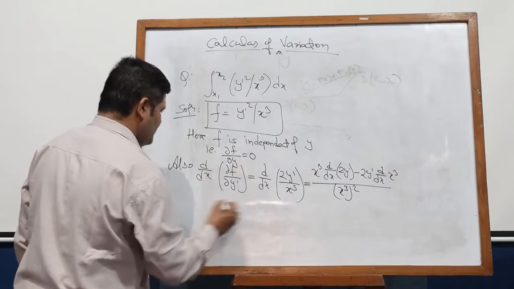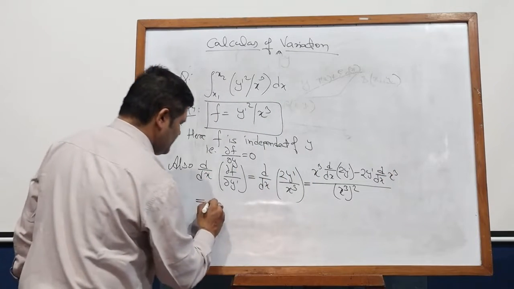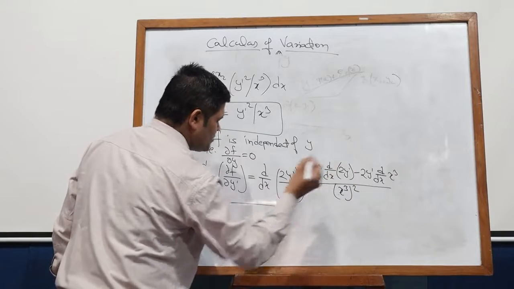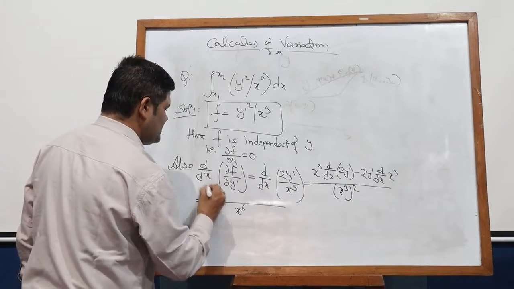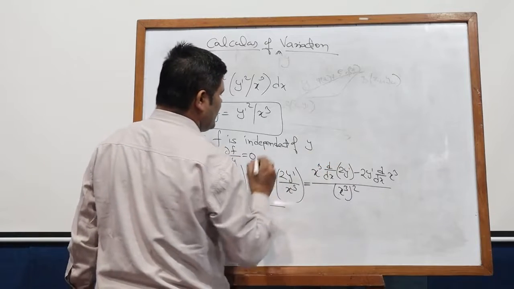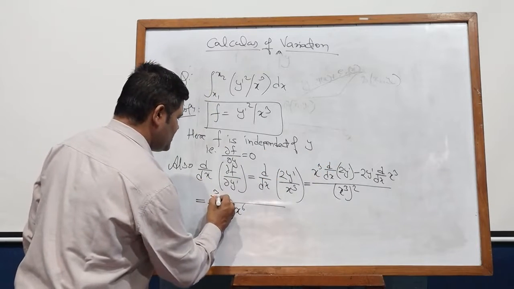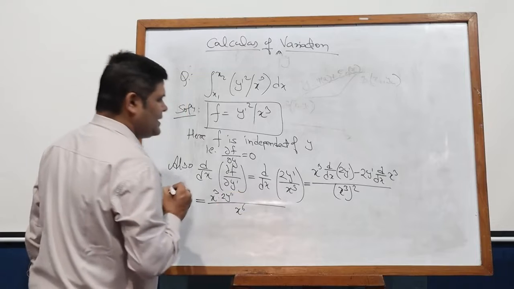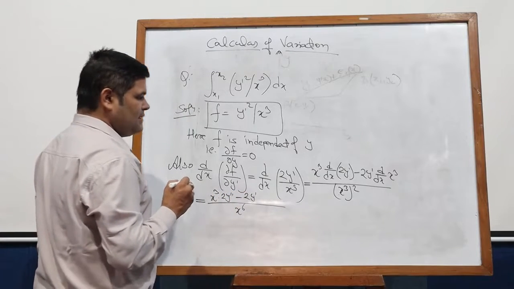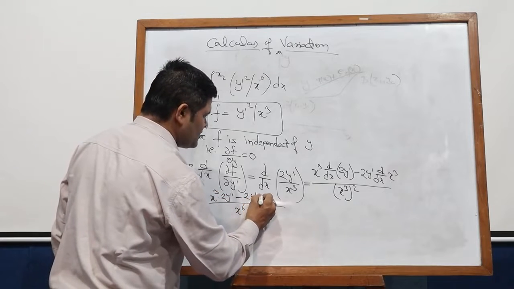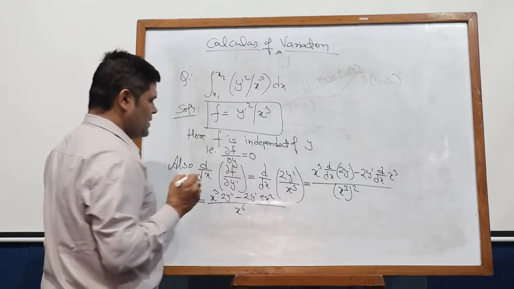The differentiation of 2y dash is 2y double dash, and the differentiation of x cube is 3x square.